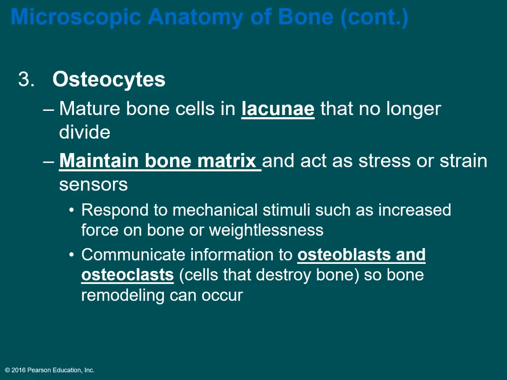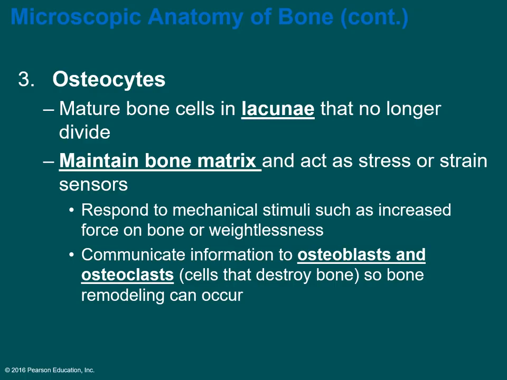They're within the bone matrix, and they're going to respond to different stimuli, whether it's increased force or weightlessness. So it's kind of like, I'm a sensor and I'm here. I can no longer divide because I'm stuck in the lacunae. But I can communicate to osteoblasts and osteoclasts.